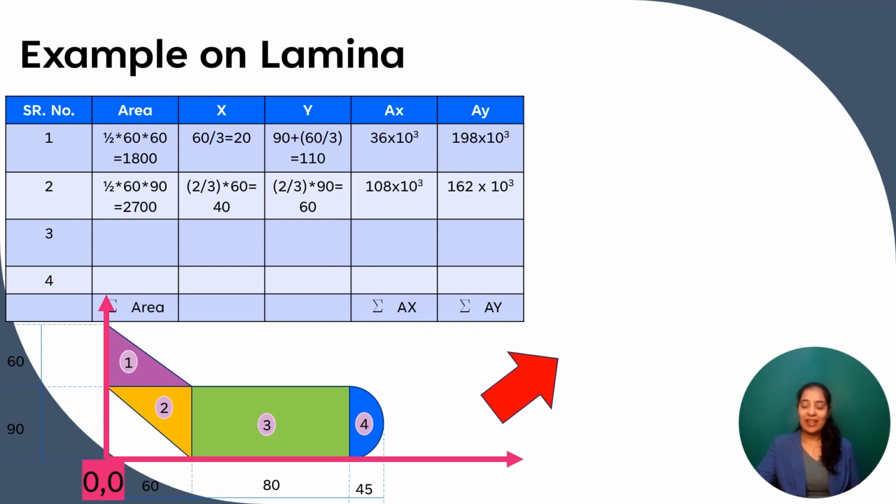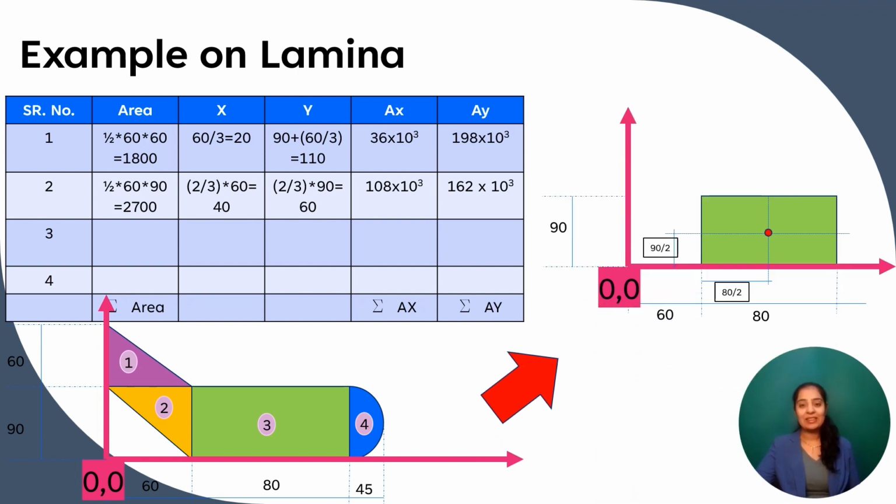Separate out the rectangle. Okay. This is the third geometric shape, the rectangle. Show it exactly like in the main figure. It is at a distance of 60 units from the origin. So let's calculate the area.